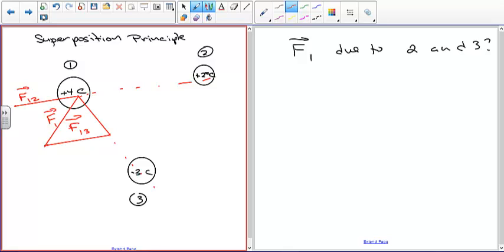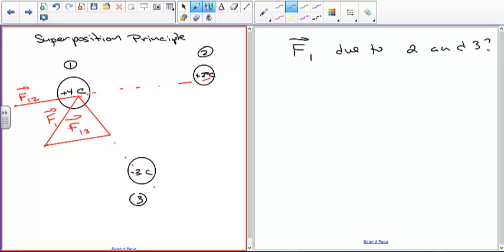You'd add your x components together, which would give you the x component of the resultant, and you'd add your y components together to get the y component of the resultant force. Then you could use the Pythagorean theorem to find the magnitude of the resultant force, and then use geometry to find its direction.